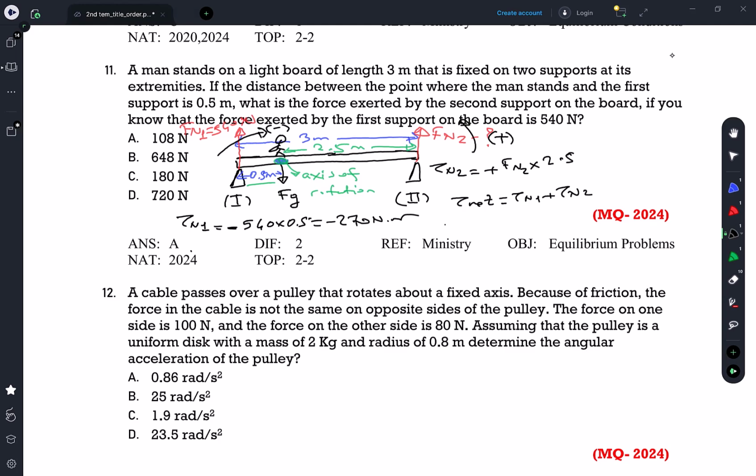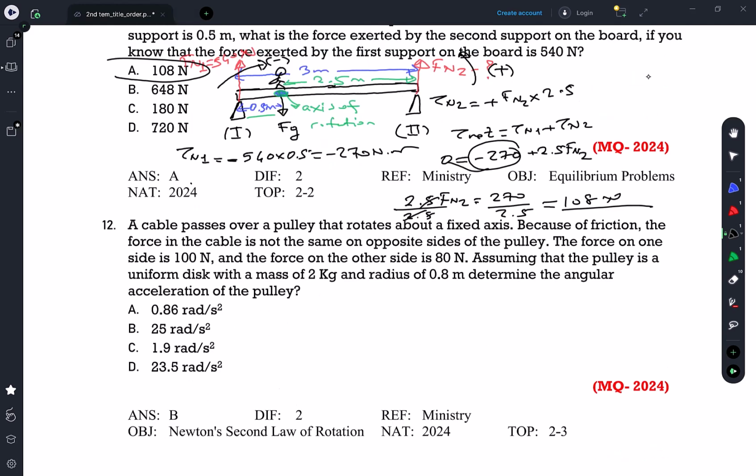So 0 is equal to negative 270 plus 2.5 Fn2. So this is negative, the other side will be positive. 2.5 Fn2 is equal to 270. Divide both sides by 2.5. The answer is going to be 108. Yes, 108 Newton is the answer.